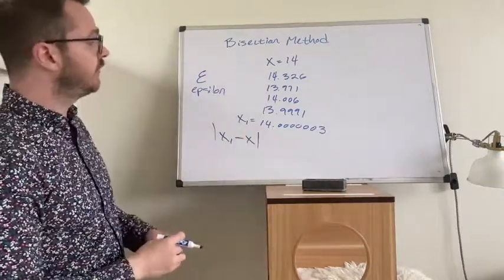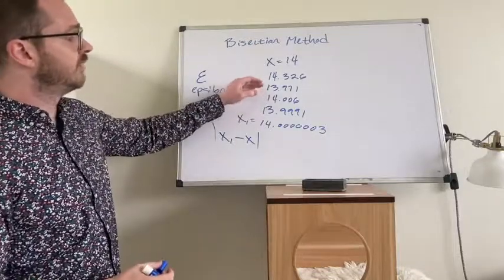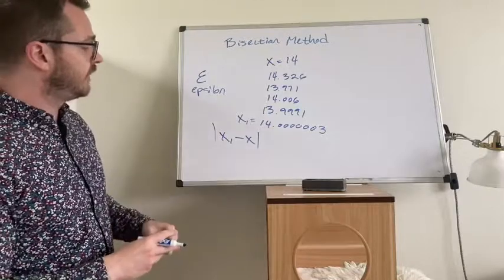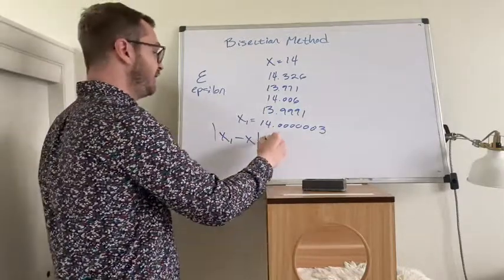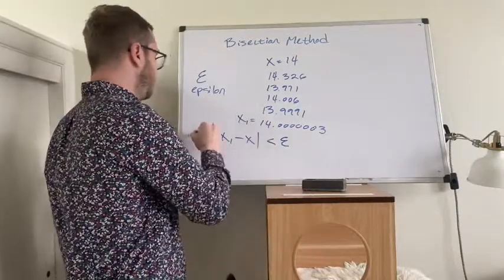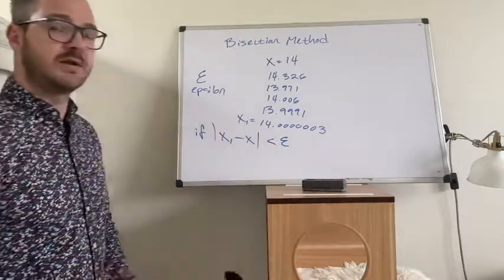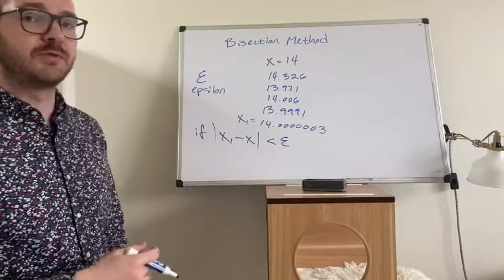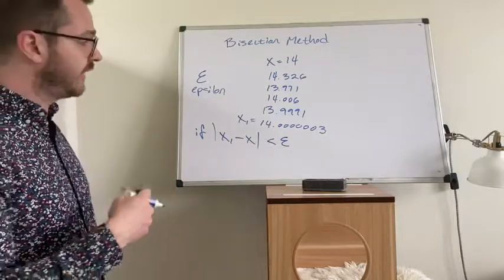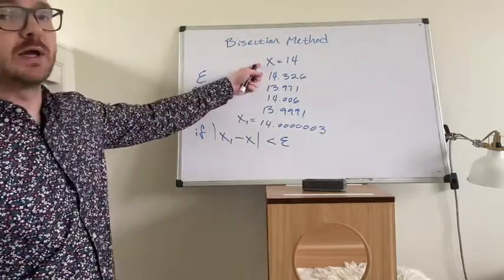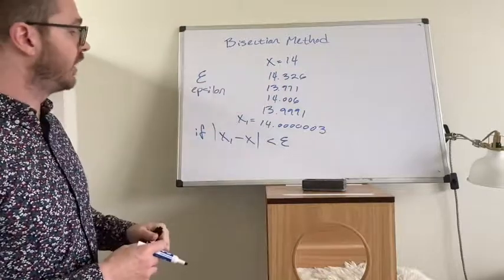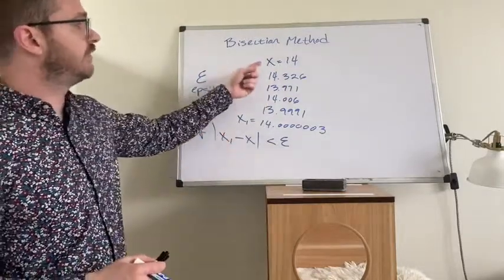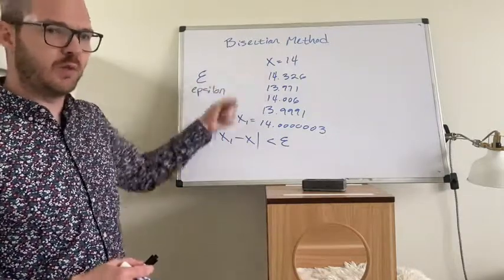We're not concerned whether we're a little bit above or a little bit below, at least not in this problem. So take the difference between them, take the absolute value, and if this number right here is less than epsilon, then we're going to force our algorithm to stop. We're going to say that our answer has converged to the true answer, and then we're going to call it.